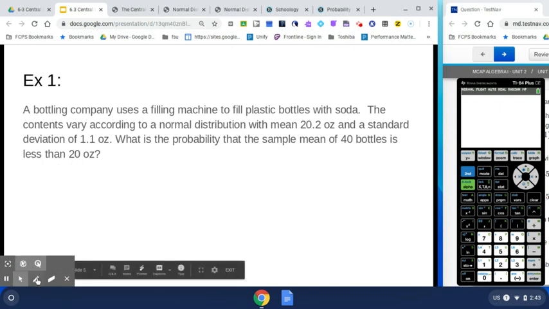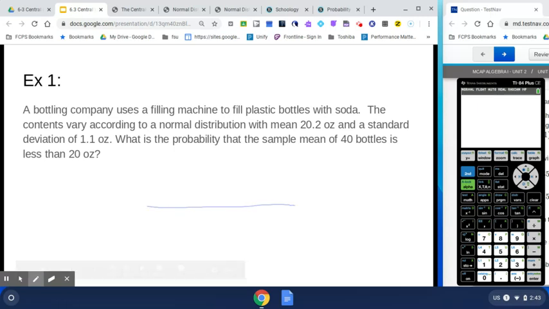All right, let's go ahead and draw out this distribution. It really doesn't matter what the initial distribution looked like. We know because we're sampling more than 30 that the sampling distribution of sample means will be normal. It will be centered at 20.2.